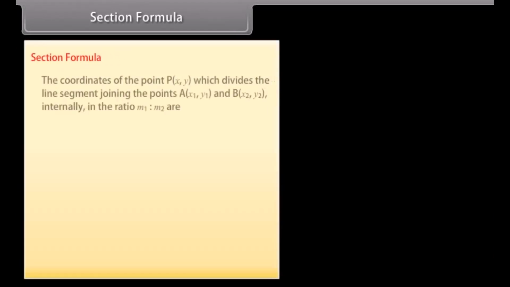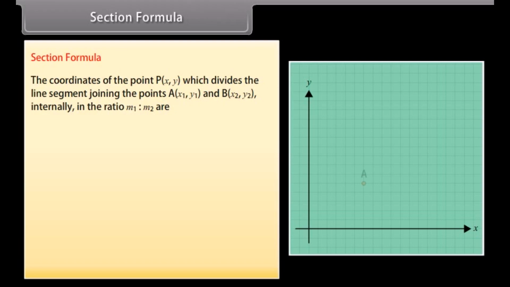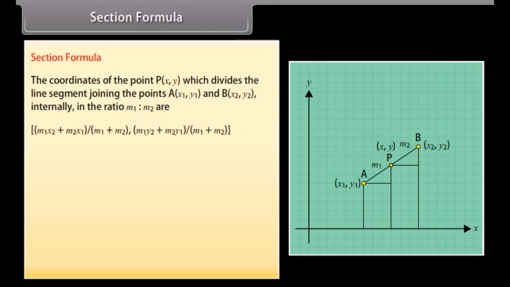Section formula. The coordinates of the point P(x, y), which divides the line segment joining the points A(x1, y1) and B(x2, y2) internally in the ratio m1 is to m2, are (m1x2 plus m2x1) by (m1 plus m2), (m1y2 plus m2y1) by (m1 plus m2).